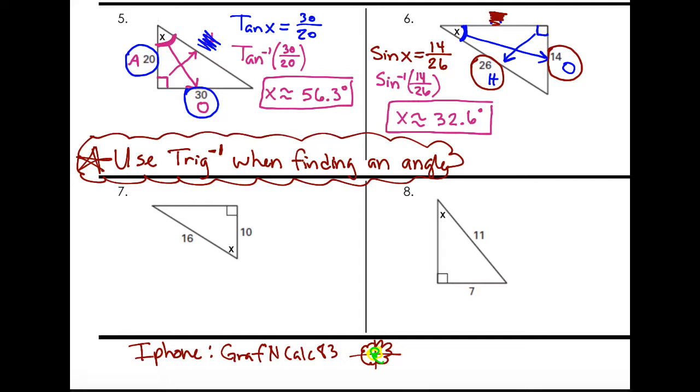If you are on an Android device, you're going to actually have access to my most recommended calculator for a phone, which is the actual exact calculator, the 83 graphing calculator, or 84. So the app for an Android device that I recommend is Wabbitemu.